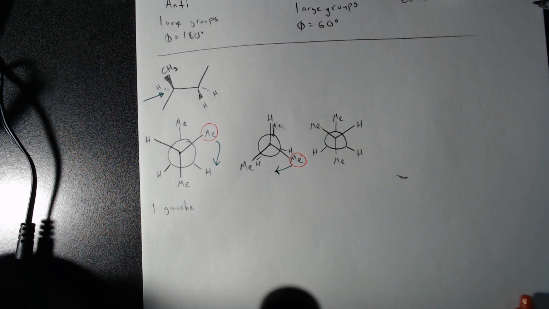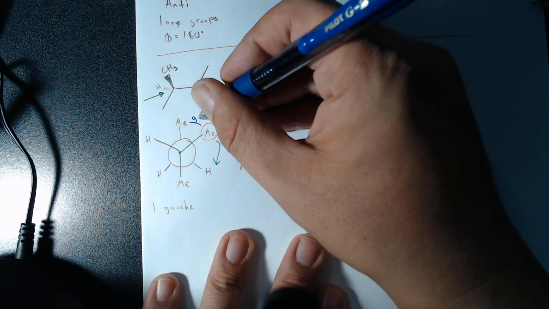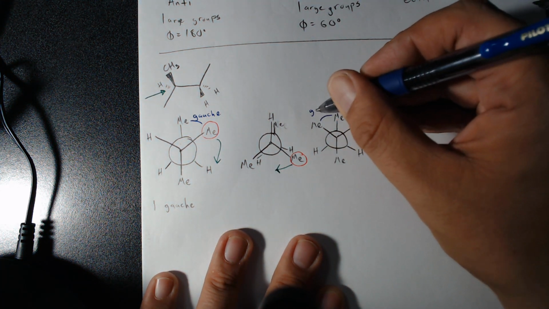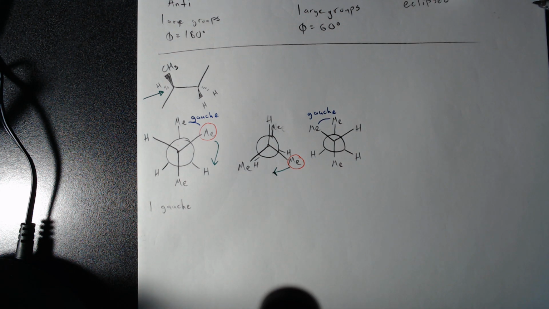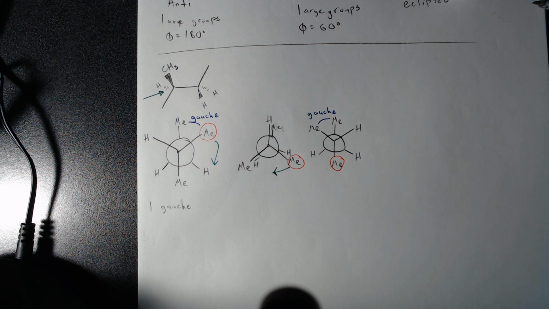So once again, let's go ahead and label the gauche interactions as we come across them. So there is the gauche. And then here we also have another gauche. So one question I could potentially ask you guys is how many gauche interactions are there for a full 360-degree bond rotation?